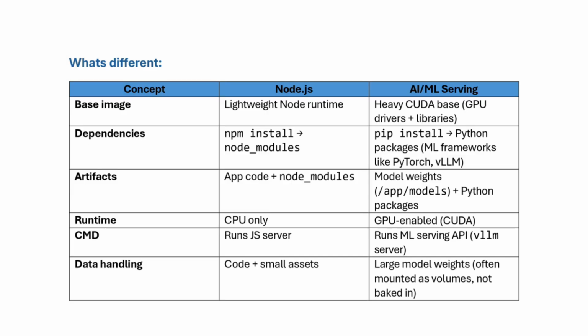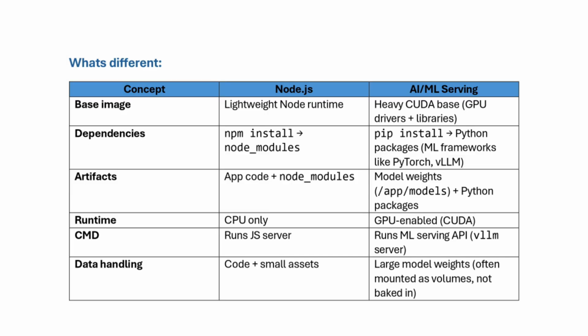It just doesn't run a JavaScript server. It runs machine learning serving API as a CMD entry point, which is different. It doesn't just run node modules or app code, which was similar in every other Go or Java, etc. Whereas here it runs model weights, that is like /app/models plus Python packages.